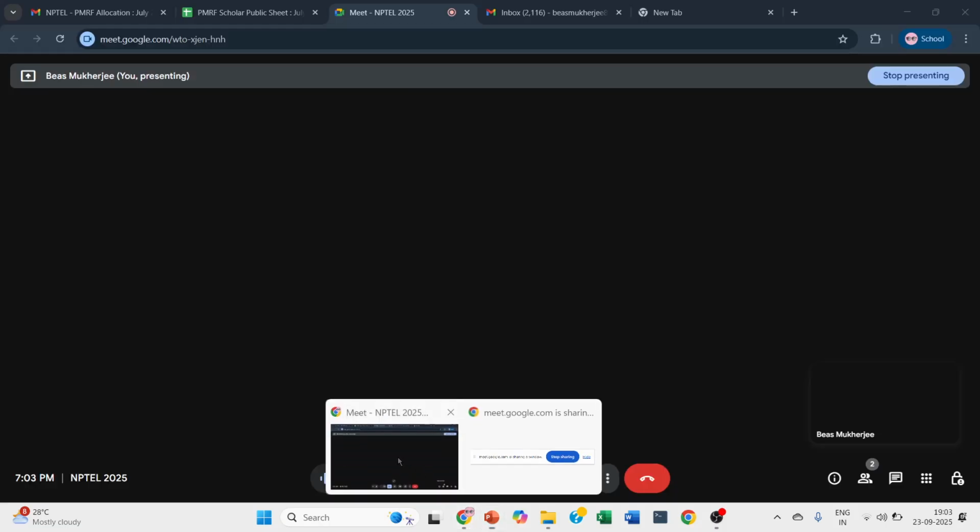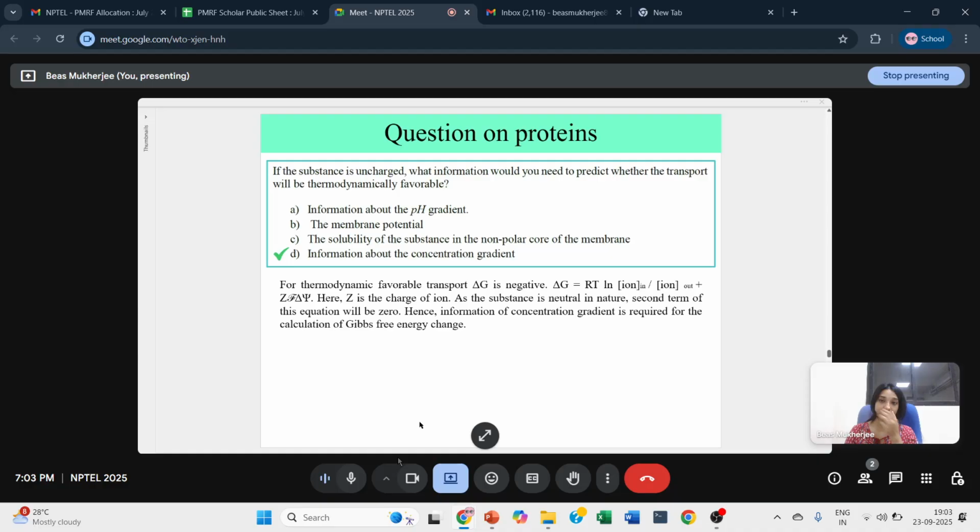Of course the answer is information about the concentration gradient, because if delta G is negative, then it will be thermodynamically favorable. And delta G is RT ln (ion in / ion out) plus zF delta psi, where z is the charge of the ion as the substrate, F is the Faraday constant and delta psi is the change in membrane potential.